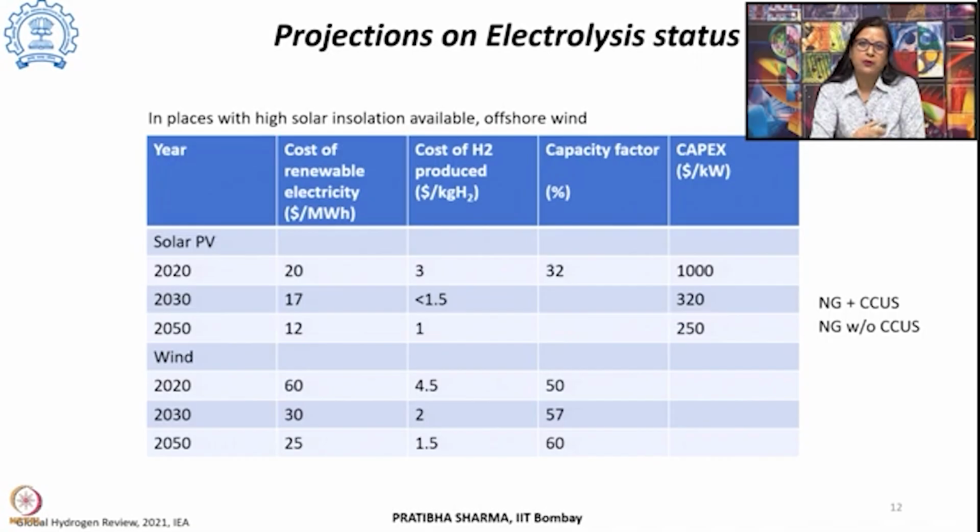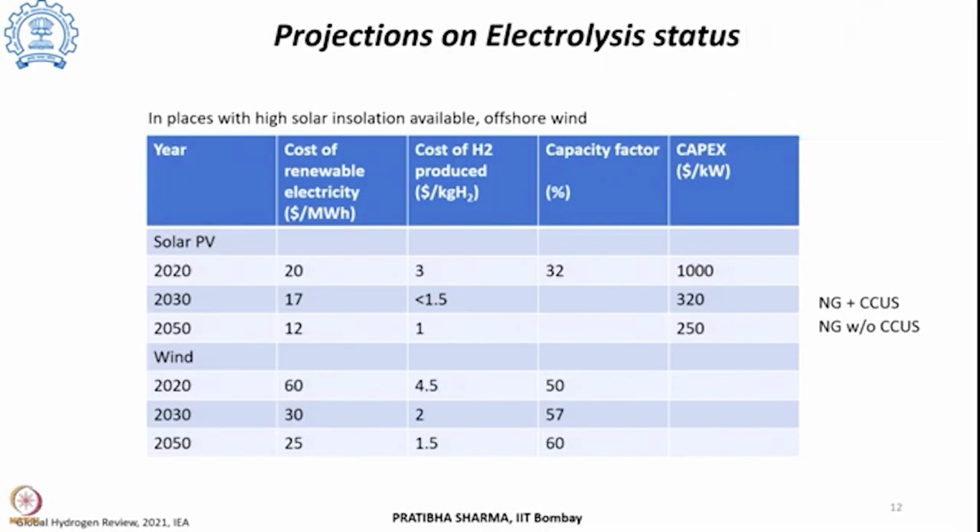In Europe, the hydrogen production could be from offshore wind, and from there it could be taken through pipelines, and that will reduce the cost of transmission and distribution, and even the losses associated with that.